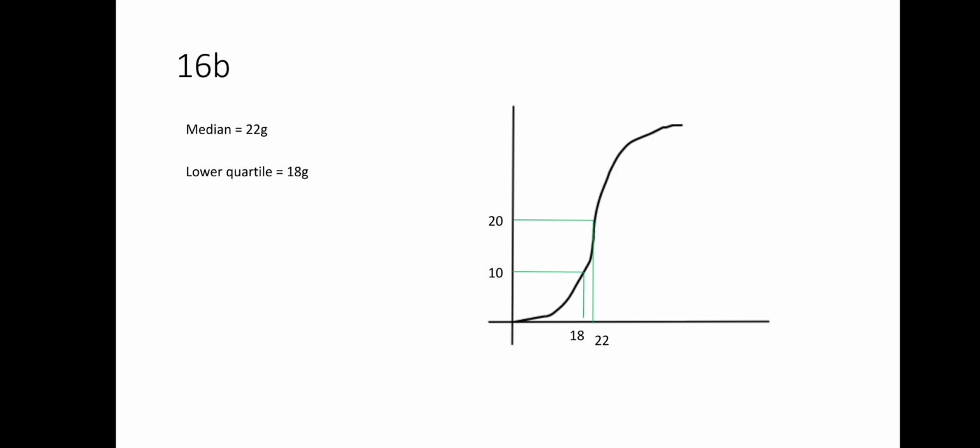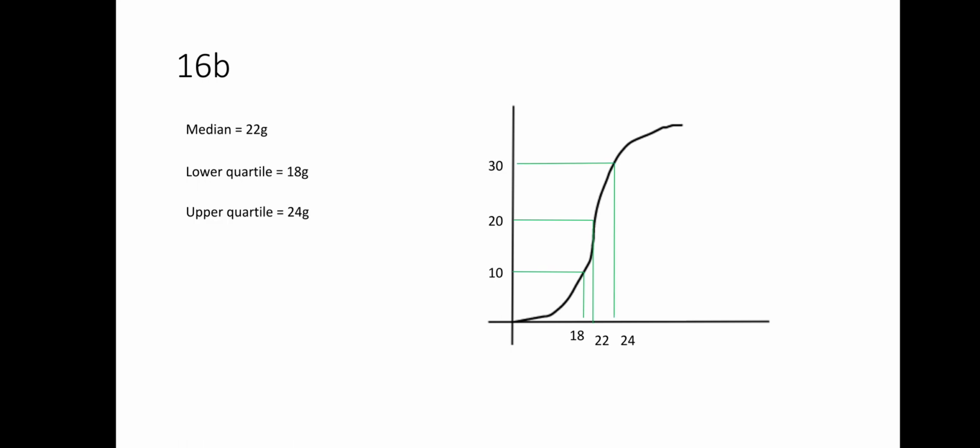And then looking at the lower quartile will be a quarter of 40, or a quarter of the total, which would be y equals 10, and the corresponding x value for this is 18 grams, so the lower quartile is 18 grams.